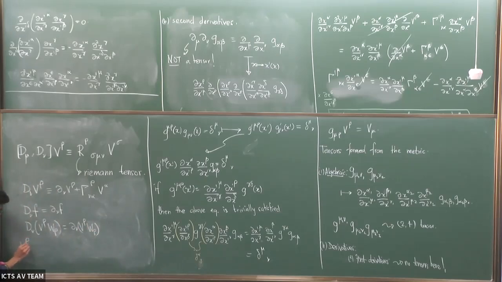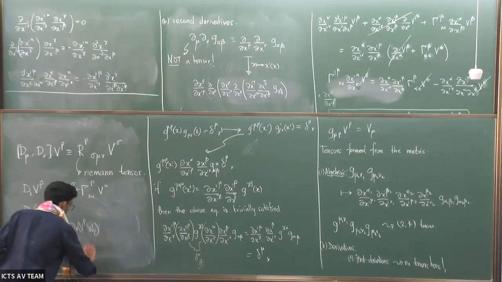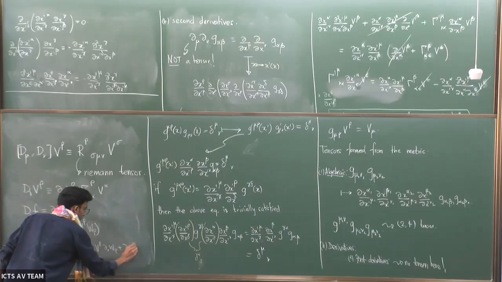So then you get V rho del nu W rho plus D nu V rho W rho, and this has to be equal to V rho del nu W rho plus del nu V rho W rho.